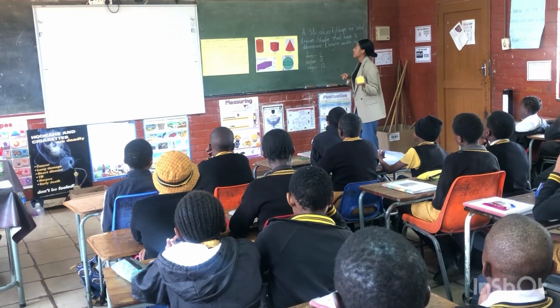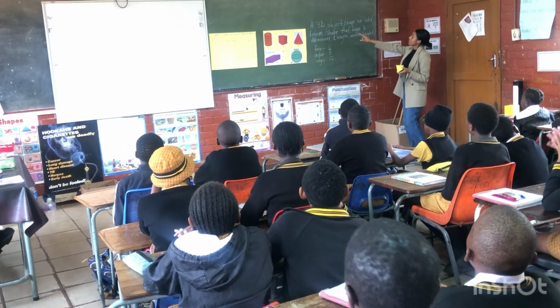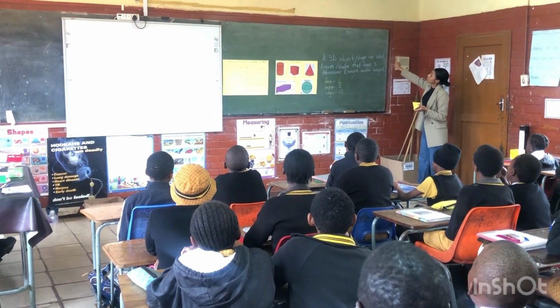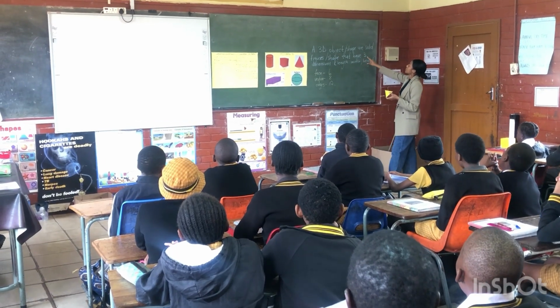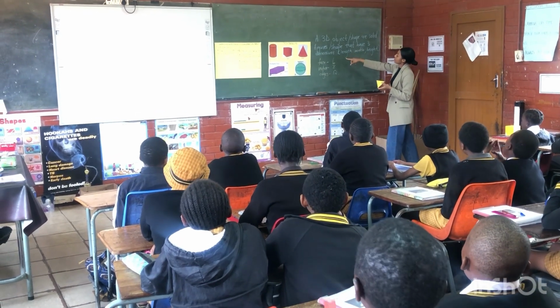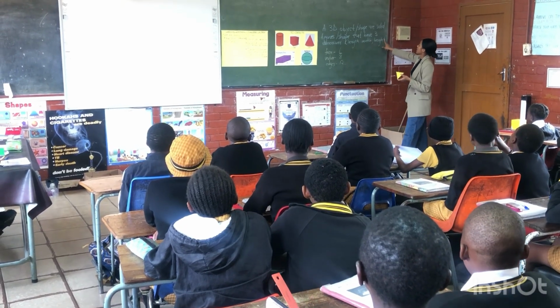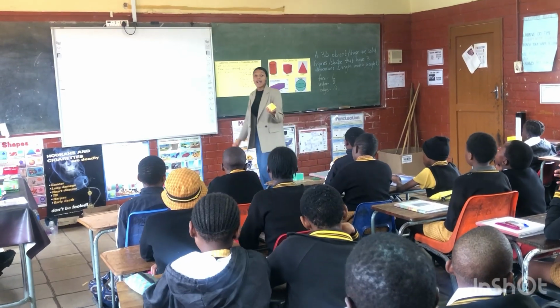So you read after me. A 3D object. Shapes are solid figures, shapes that have 3 dimensions: length, width, and height.